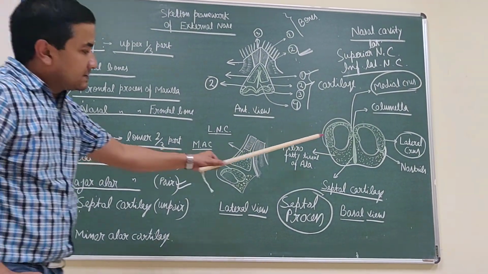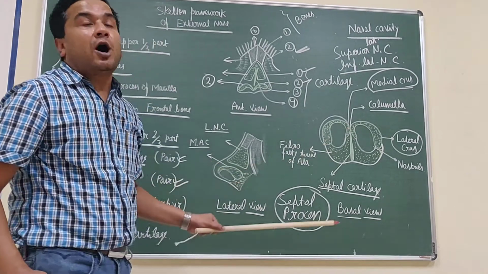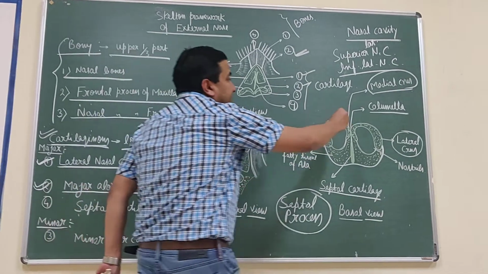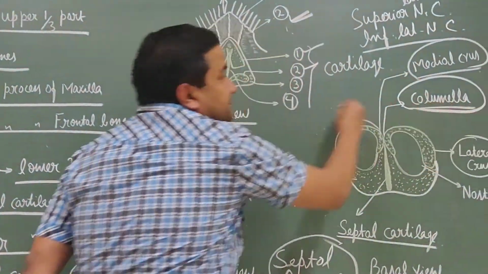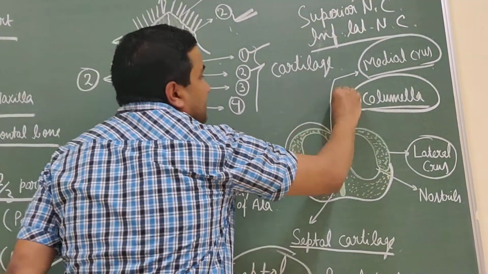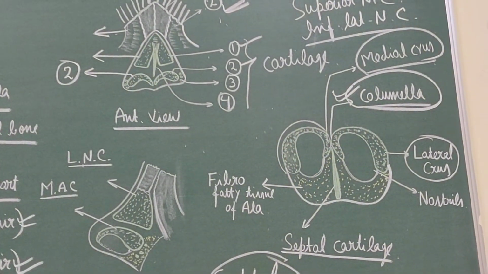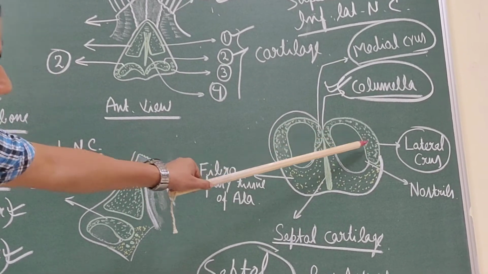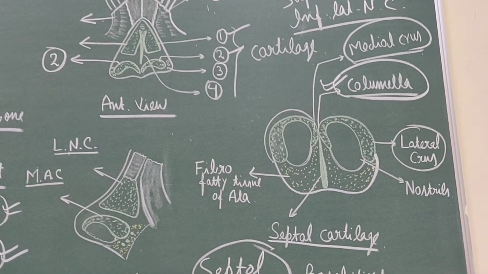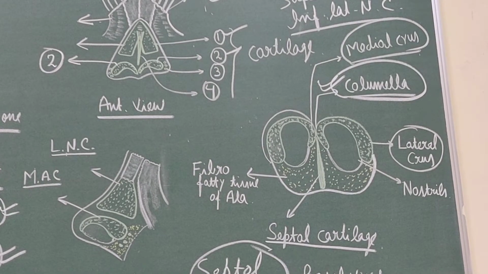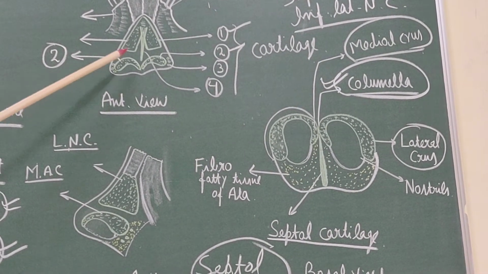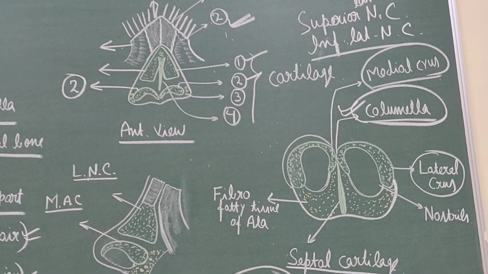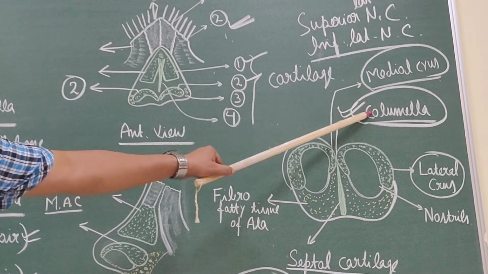So this medial crus of the two sides unite and form the columella. It comes in contact with the lower margin of the septal cartilage.